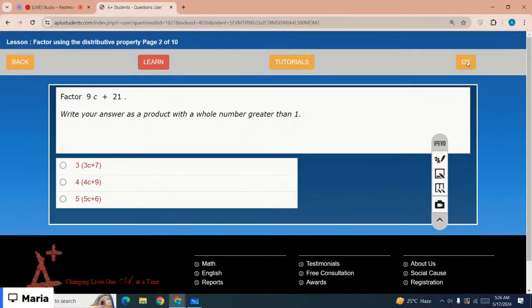Okay, the next one is factor 9c plus 21. So, which is the greatest common factor?